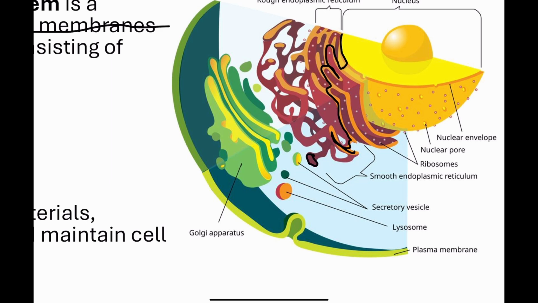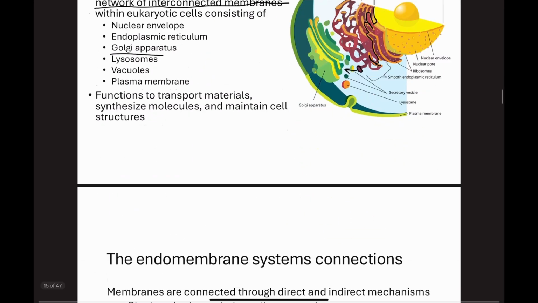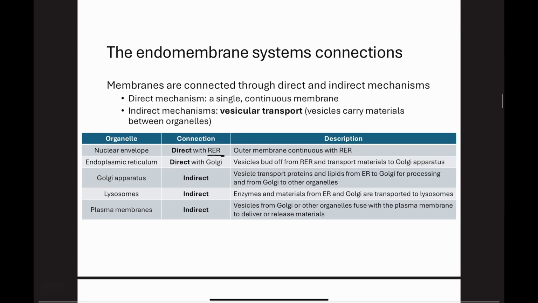And that vesicle is going to directly transport material to the Golgi apparatus. And this connection is considered direct because the vesicles carrying proteins and lipids that bud off of the endoplasmic reticulum are immediately and specifically sent to the Golgi apparatus, and it is not interacting with any other organelles first.